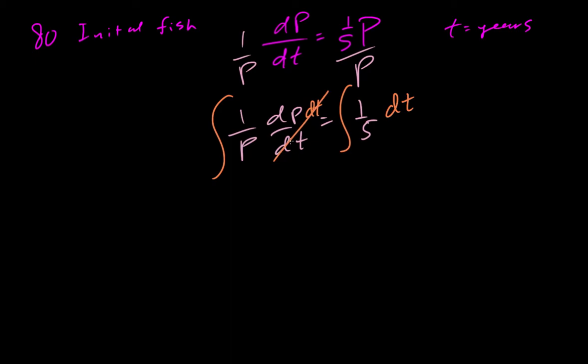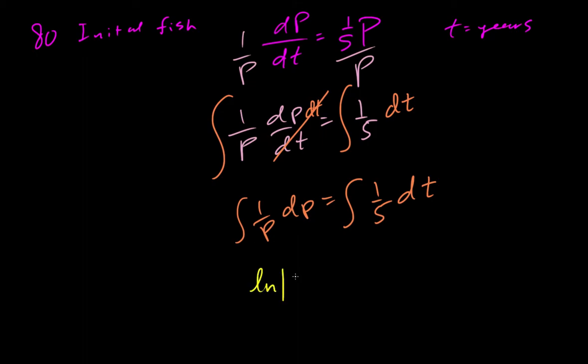These cancel, and so we're left with this. And then that's going to be natural log of the absolute value of p. And then this is going to be t over 5, I guess is how I'm going to write it, plus c. Okay, and then we want to solve. So we take the e of both sides.